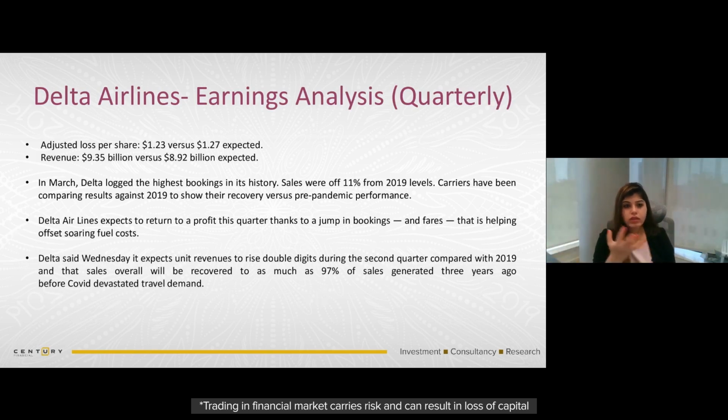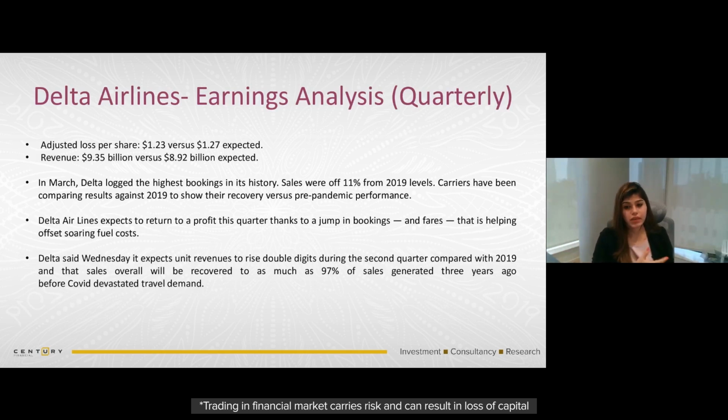That was not the only reason. Of course, revenues also came above expectations. But the most significant reason why Delta Airlines did well was because the company stated that they are expecting the company to return to a profit in the current quarter.